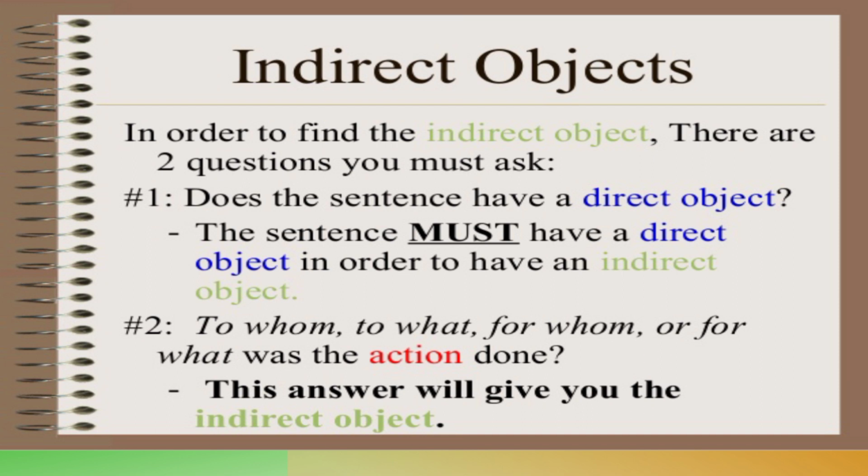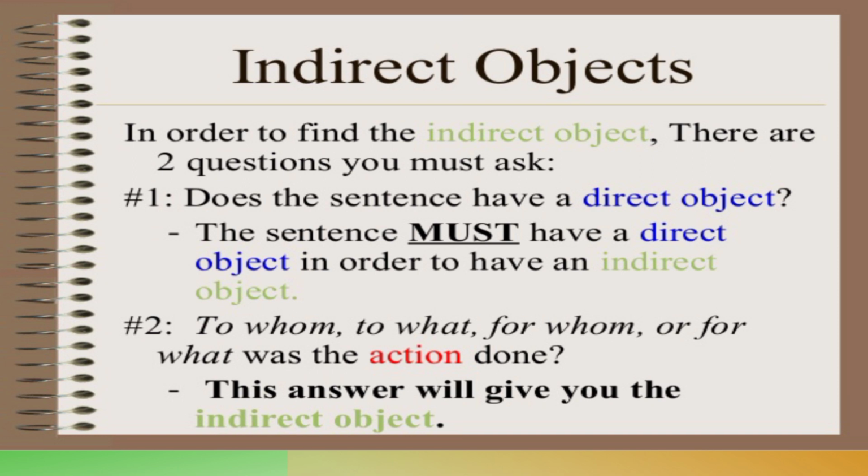I told you what a direct object is, a noun, pronoun, or group of words. Then the sentence must have a direct object in order to have an indirect object.